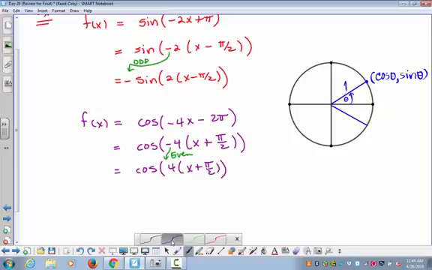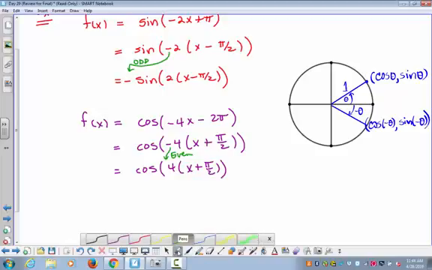If this is minus theta down here, then this is cosine of minus theta, comma sine of minus theta. Cosine theta and cosine minus theta are the same. Everyone agree? So cosine of minus theta equals cosine of theta.